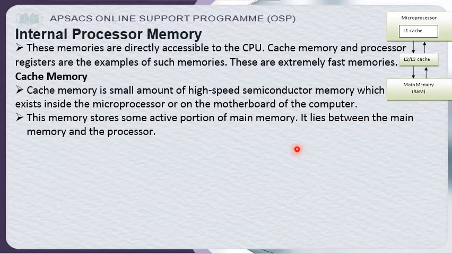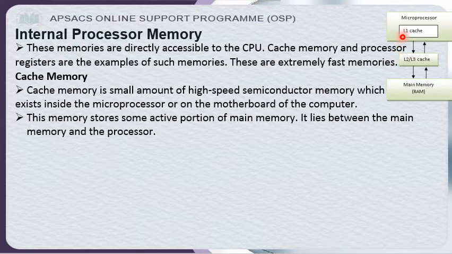This memory stores some active portion of main memory. For which purpose is it used? Whenever the data is coming from your main memory, first of all it will reach the L2 or L3, and then from L2 or L3 it goes to the L1 memory.